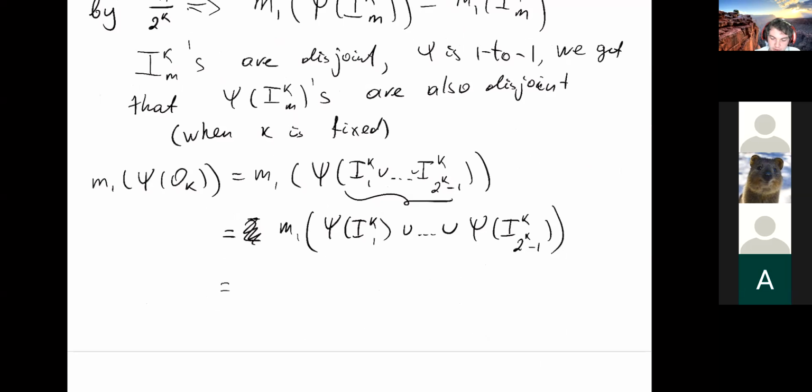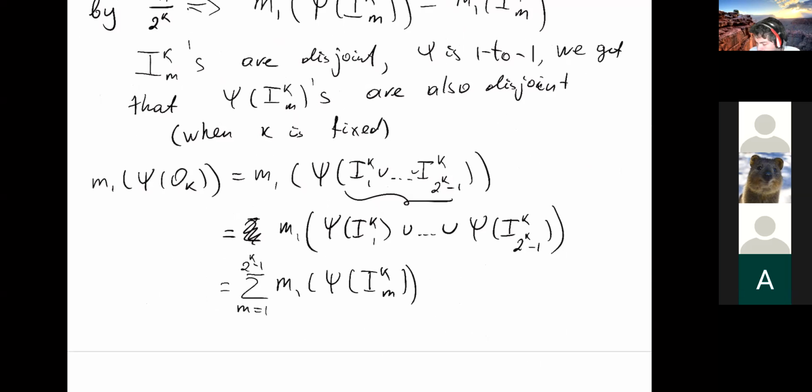So we get the sum of the measures of psi of I_km, m from 1 to 2 to the k minus 1.